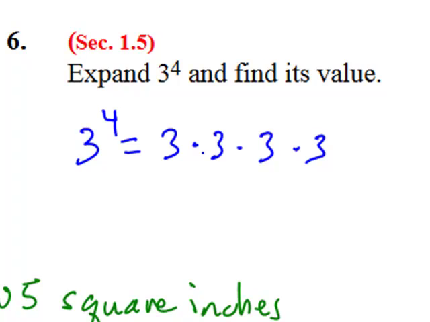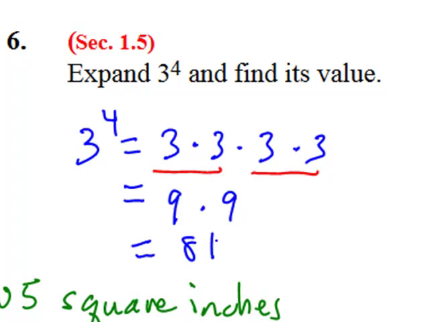And we could multiply these one at a time, but we do have the chance to make it simpler on ourselves and multiply the first two 3's together and then multiply the second two 3's together. And then we'll multiply everything together at the end. So 3 times 3 is 9, times the other 3 times 3 is also 9, and this is 81. We'll put a box around that. So 3 to the 4th power equals 81.